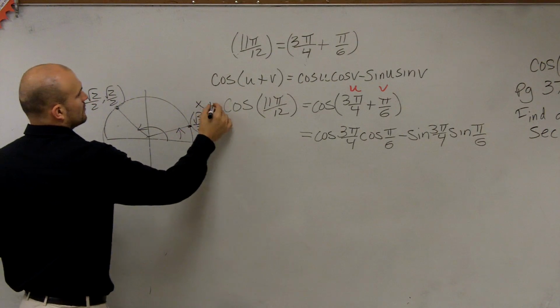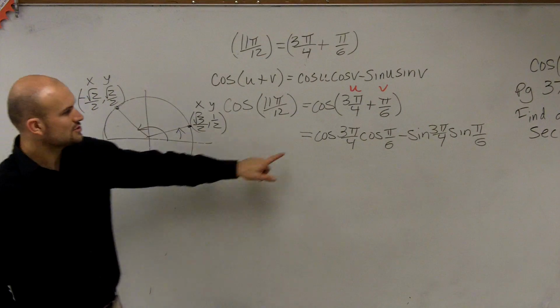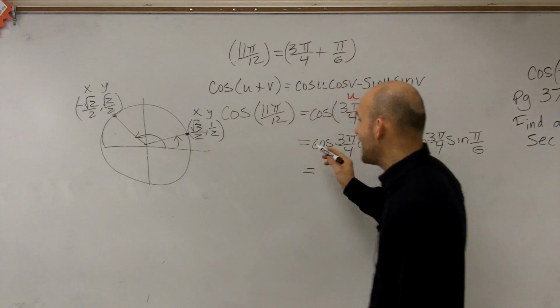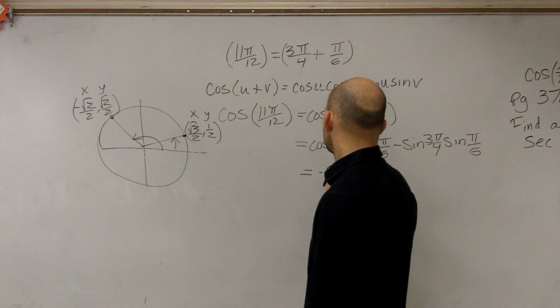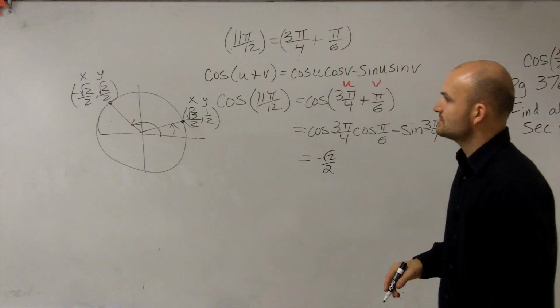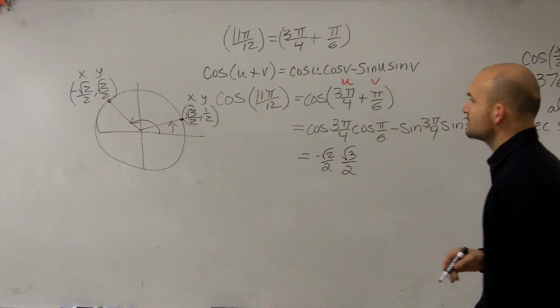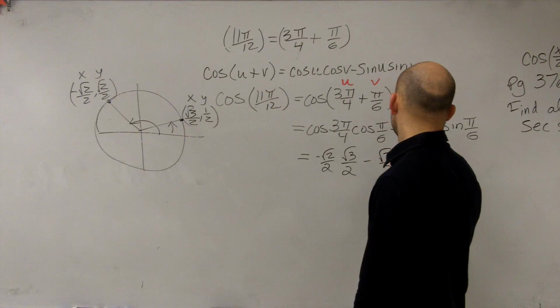So remember, we're dealing with our x and our y to find our sine and cosines. Now all you're going to do is evaluate each and every term. The cosine of 3 pi over 4 is negative square root of 2 over 2. The cosine of pi over 6 is square root of 3 over 2. The sine of 3 pi over 4 is square root of 2 over 2.